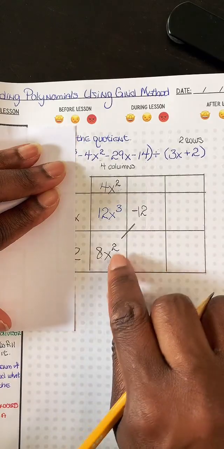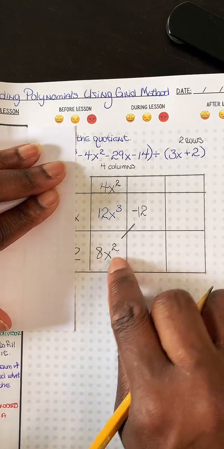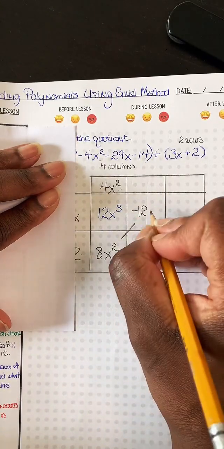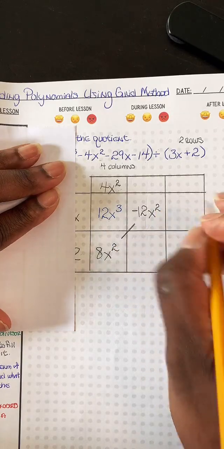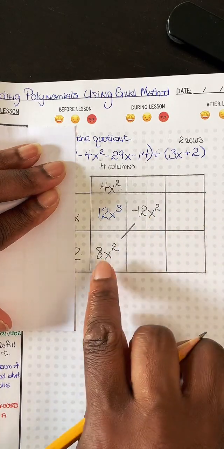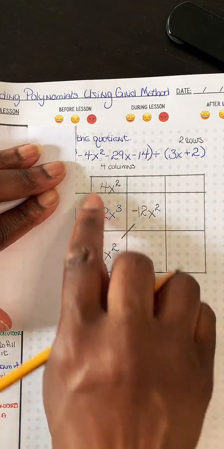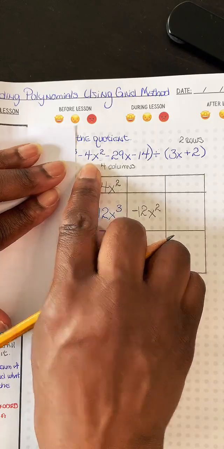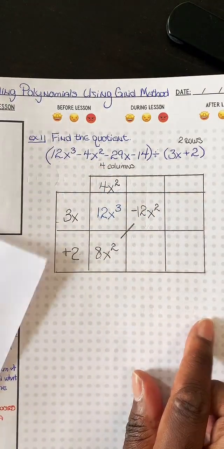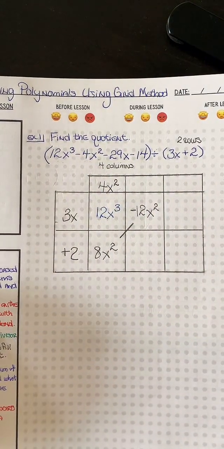But they have to have the same variable and exponent. So it's going to be negative 12x squared. So negative 12x squared plus 8x squared gives us our middle term of negative 4x squared. So that's helping us do the process all over again.